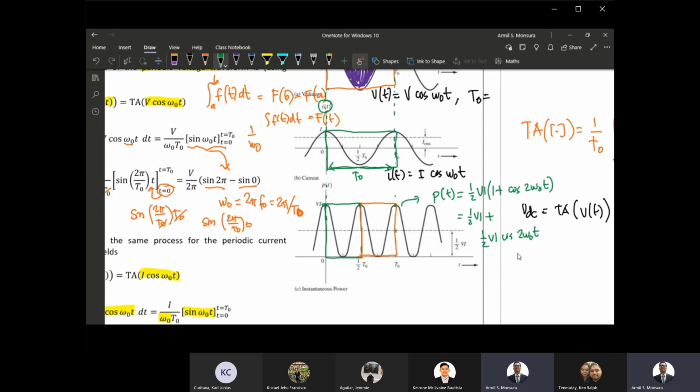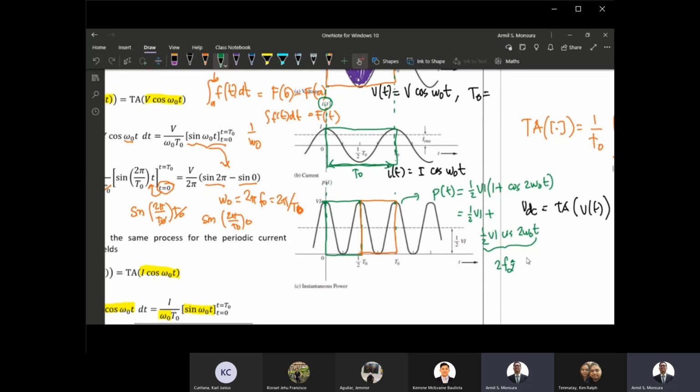So, here, itong sinusoid niyo, the sinusoid that you see here, has now a frequency of 2f_0 or a periodicity of T0 over 2. Okay? So, yan na yung T0 over 2. Or 1/2 T0.